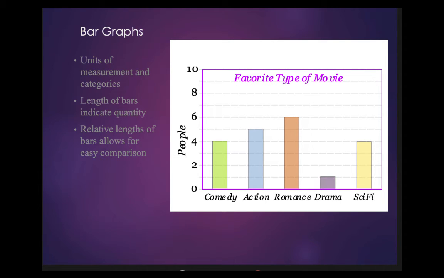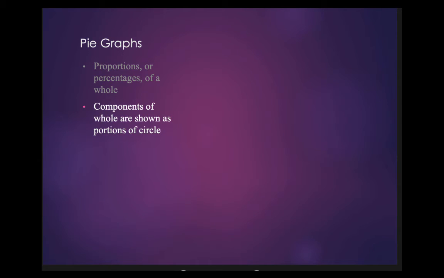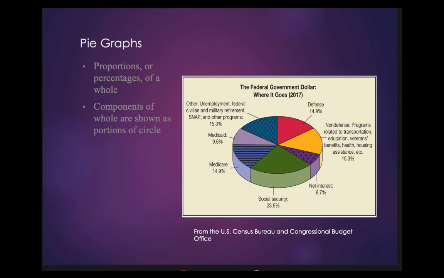So we have line and bar graphs, and the third kind is a pie graph. These are fabulous tools for showing proportion or ratio. How many of a greater whole is shown by the size of the slice of the pie. So here, this comes from the Census Bureau, and oddly enough, we're doing the census now.